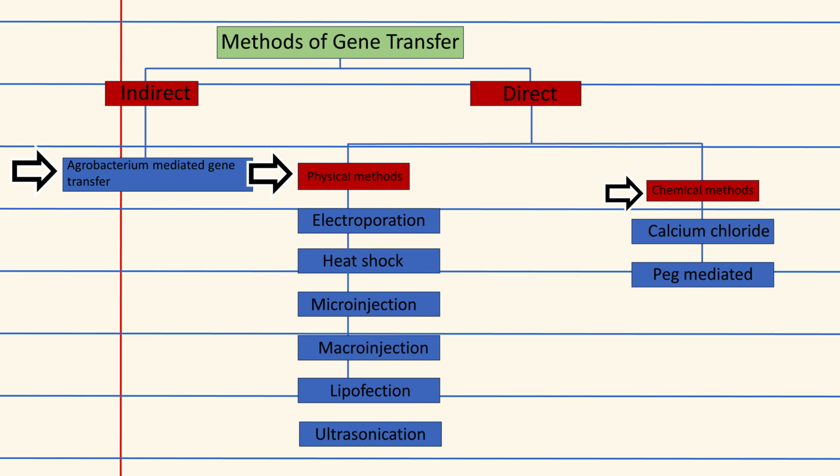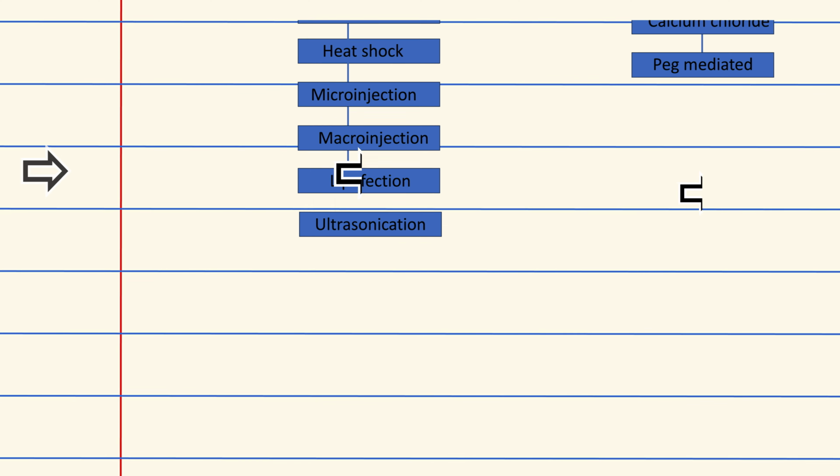Physical method include electroporation, heat shock, microinjection, macroinjection, lipofection, and ultrasonication. Whereas chemical method include calcium chloride and PEG mediated gene transfer.